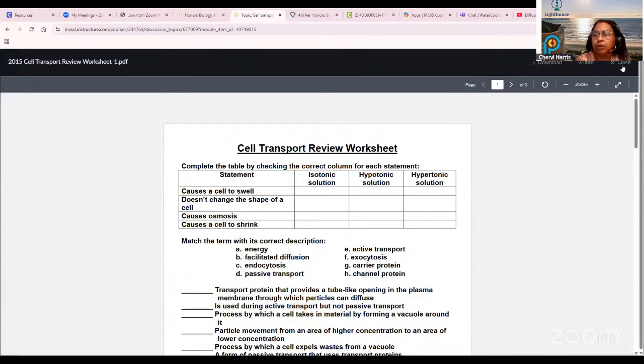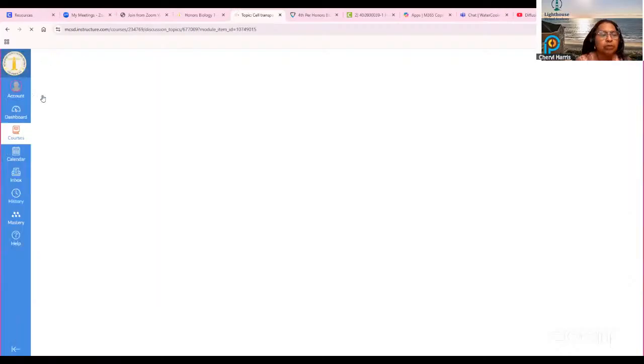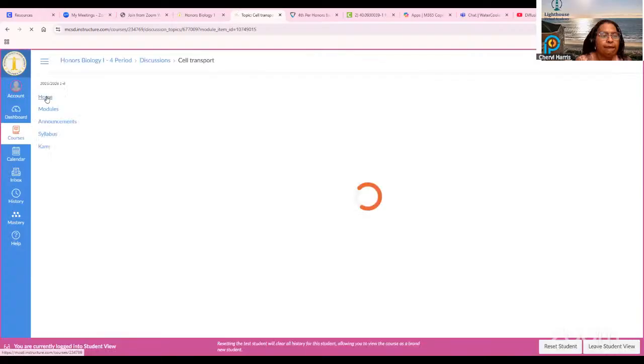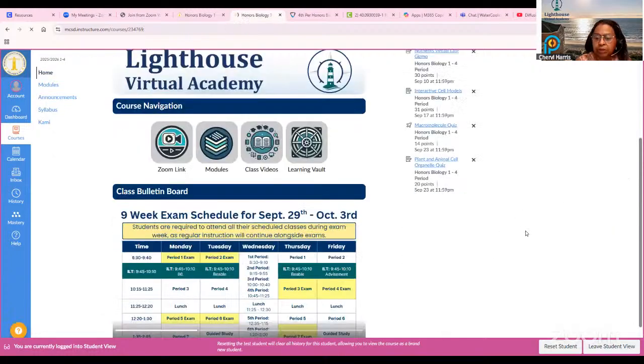All right, I'm going to close that for a minute, but that's the worksheet we want. And I'm going to do this from student view. I don't know why it comes up as a discussion, but it does.